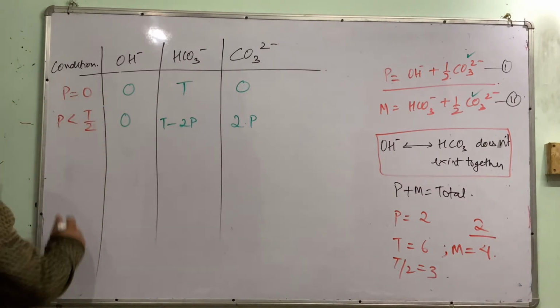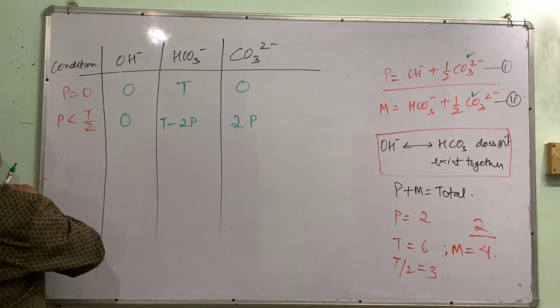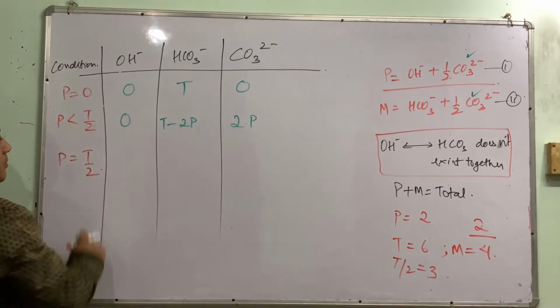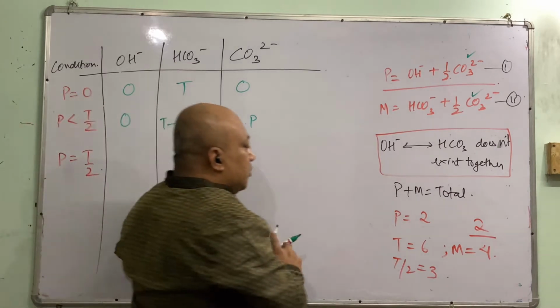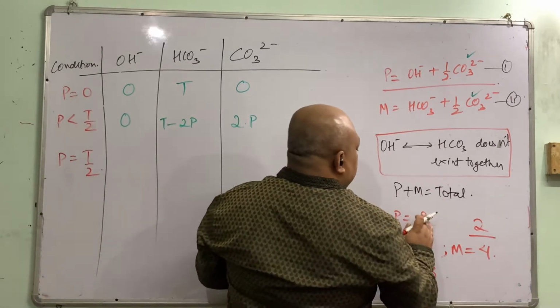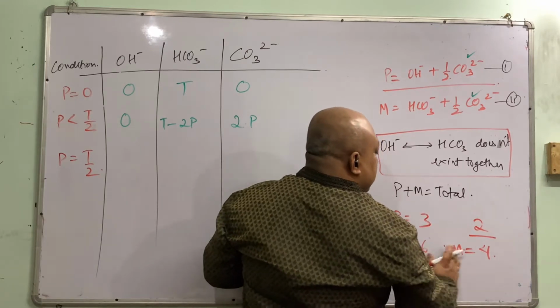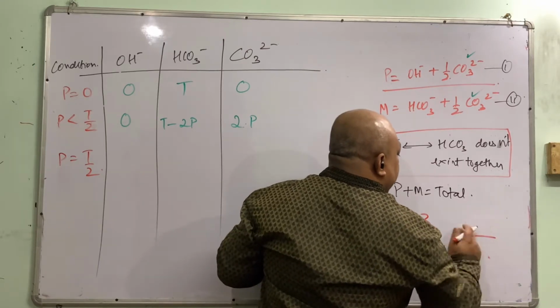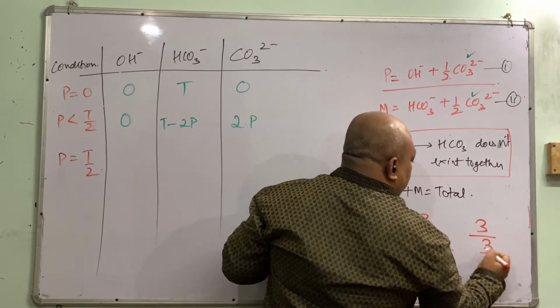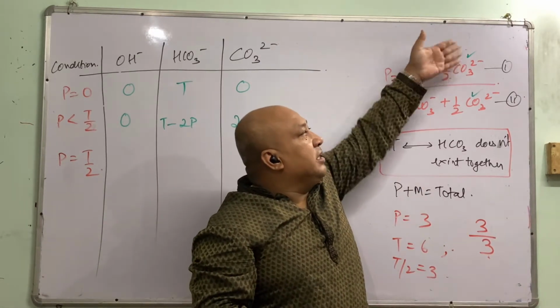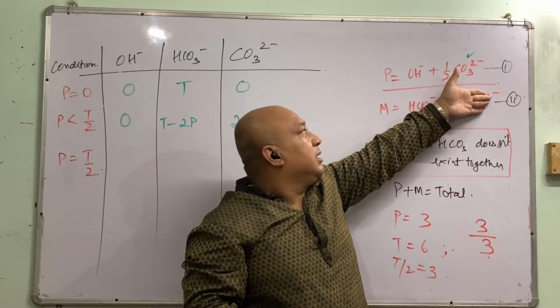Number 3 is, let's say P is equal to T by 2. Let's say P is equal to 3, T is equal to 6. So the upper part is 3, below also 3. This is 3 equivalent, this is also 3 equivalent.